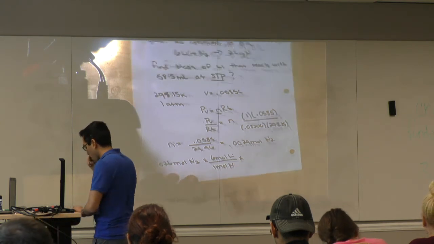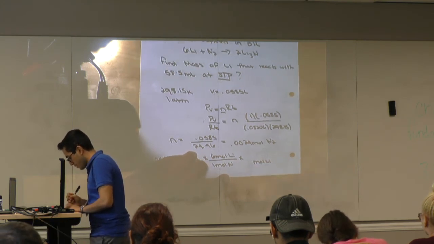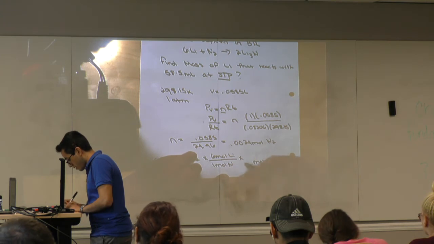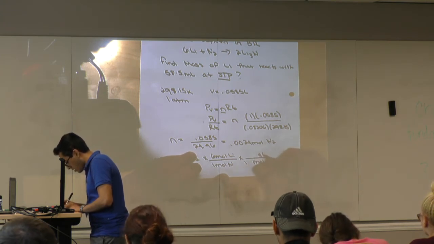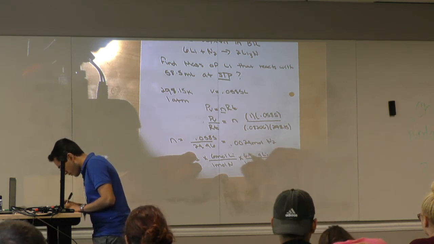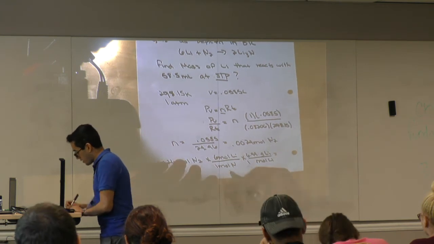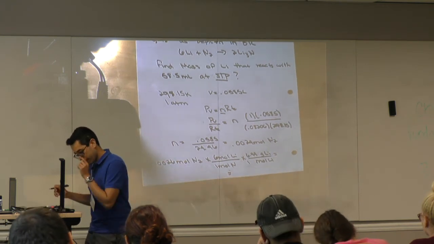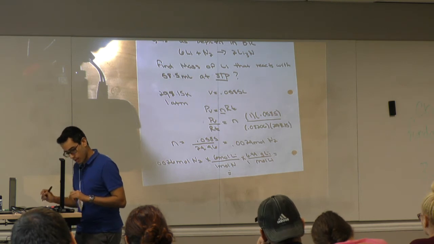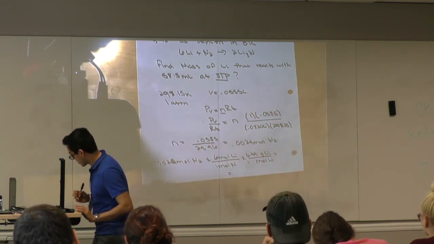And then we have to convert moles of lithium back into grams. There is about 6.94 grams of lithium in 1 mole. Multiply that out, and we should get... this is a 4, not a 6.